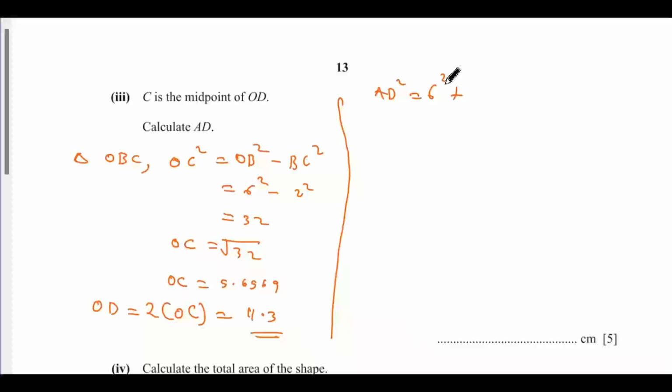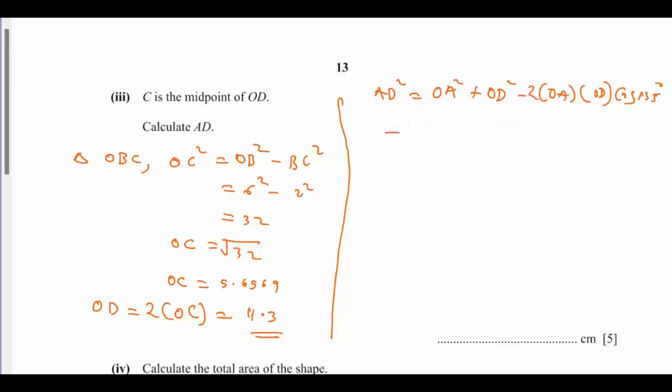If you understand Pythagoras and the cosine rule very well, you may not need to write this formula, but let me just write something. OA squared plus OD squared minus 2 times OA times OD, then cos of the angle there, that's cos 135 degrees. So now we can key in the values.